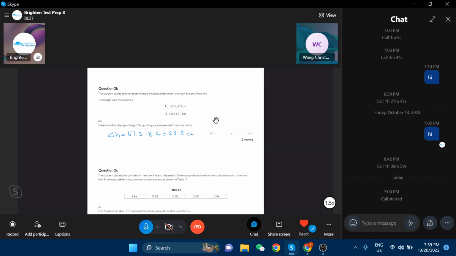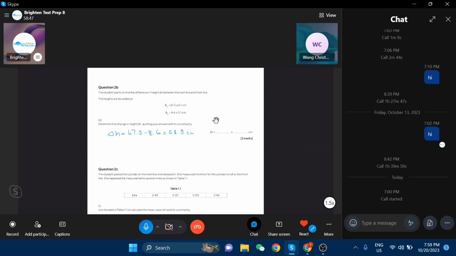Then what about the uncertainty? Plus or minus 0.2. And why is that? Because there's 0.1 centimeter uncertainty for both the heights. So basically the plus minus delta H is 0.1 each, and in other words, we add them up.